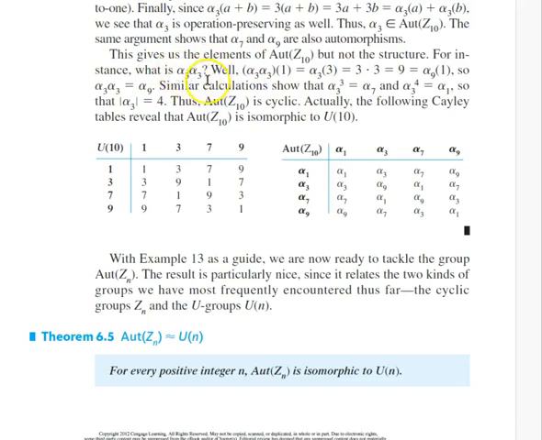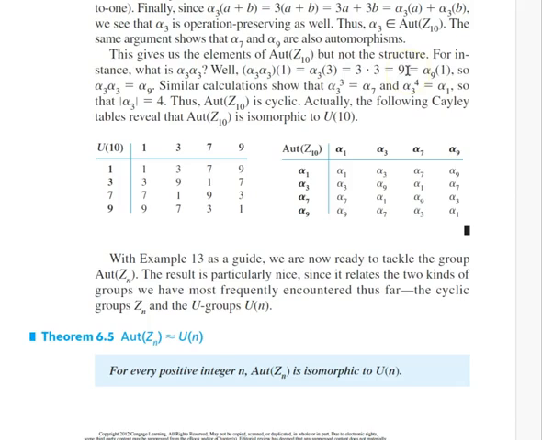This is the composition of the maps, and if you apply the composition to 1, alpha 3 acts first, 1 goes to 3, and then the next alpha 3 acts, 3 goes to 3 times 3, because each number is multiplied by 3.